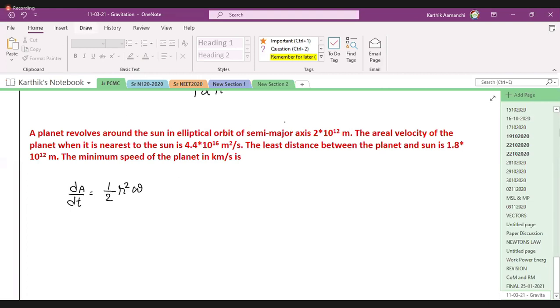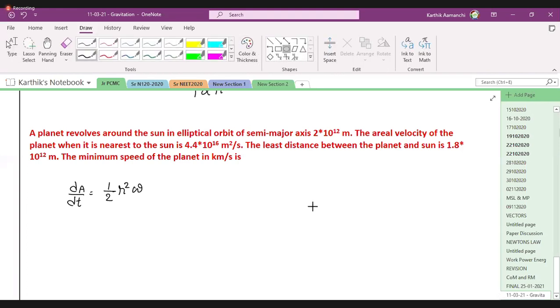I don't know if you have remembered it or not. This is your r. This is your d theta. If it is very close, this becomes like a triangle. So my area is half base into height.